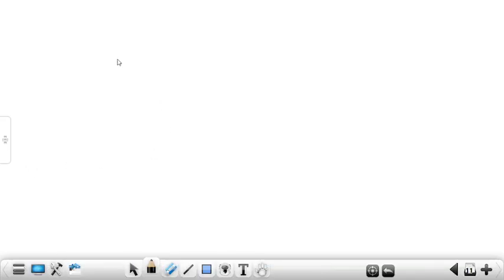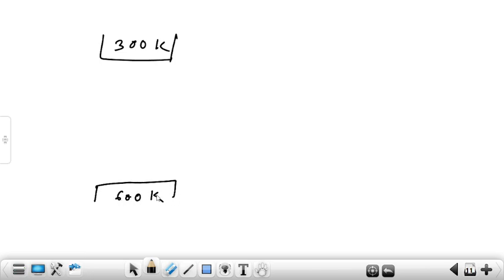So the temperature limits given are 300 Kelvin and 600 Kelvin.